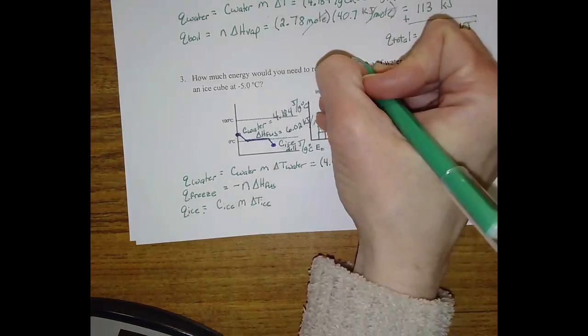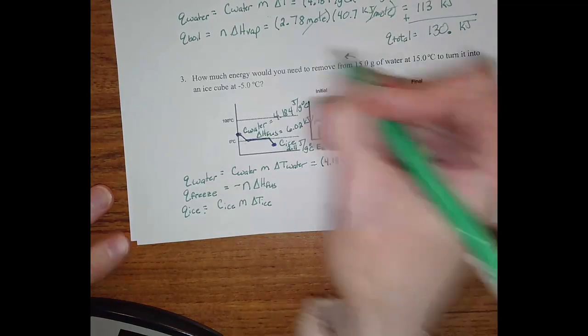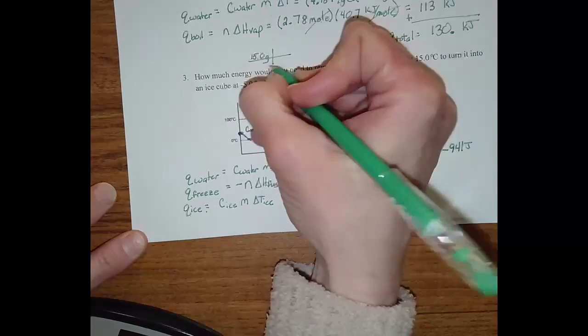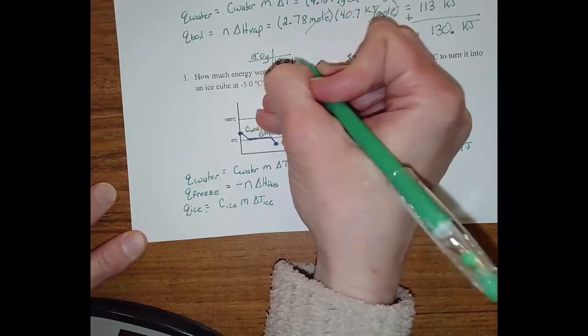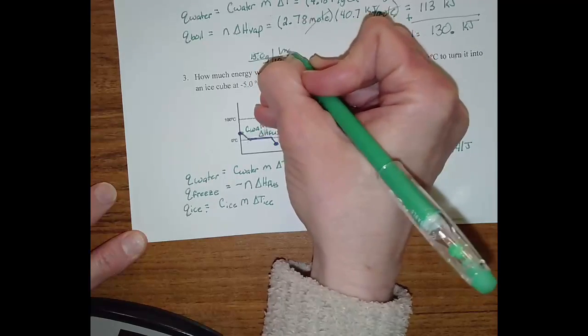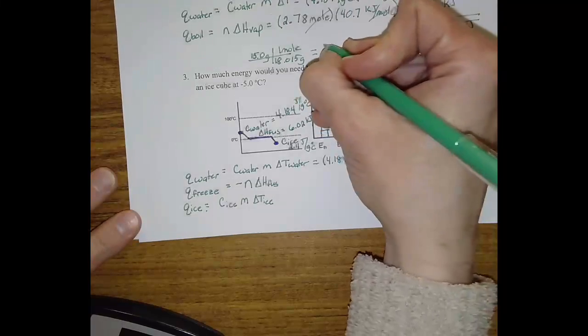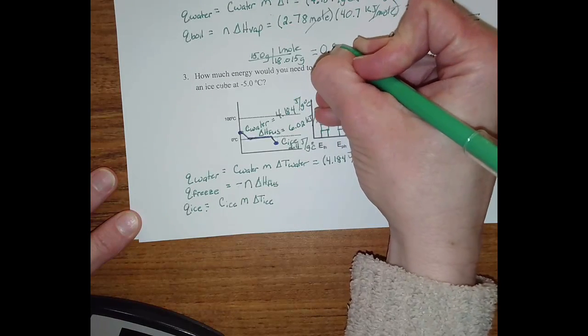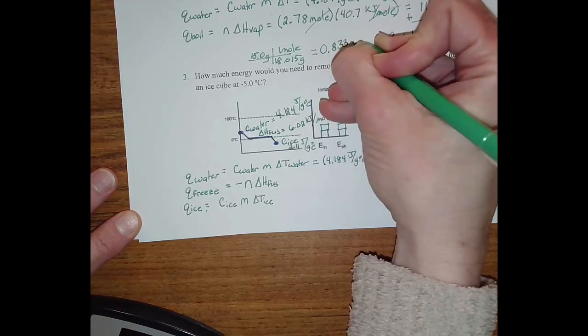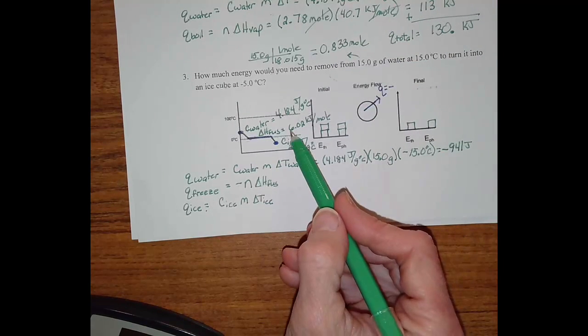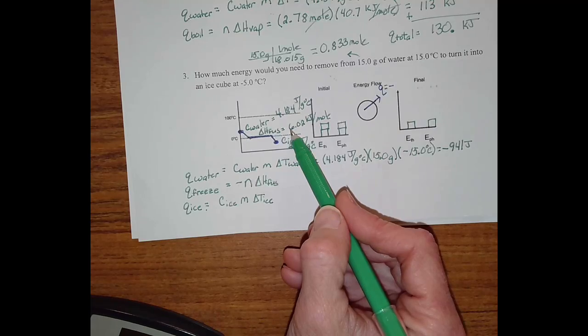To freeze it, we again have to do the moles thing. 18.015 grams in a mole. 15 grams divided by 18.015. We've got a little less than a mole this time, which means that I have to remove 6.02 kilojoules to freeze 1 mole.